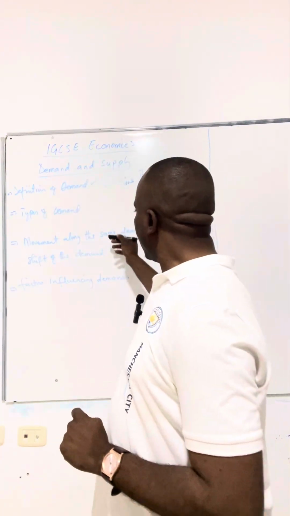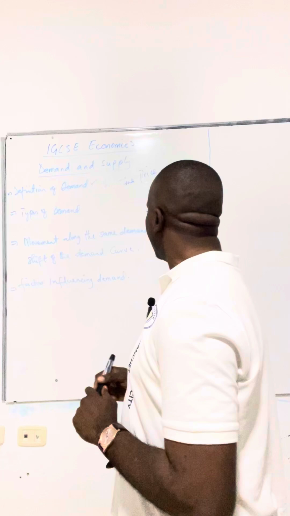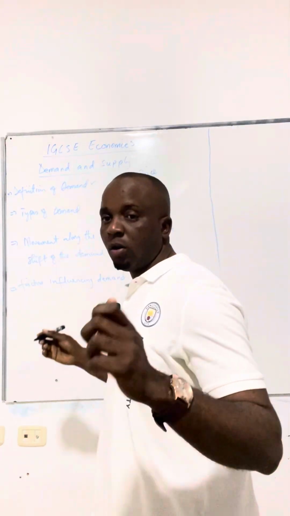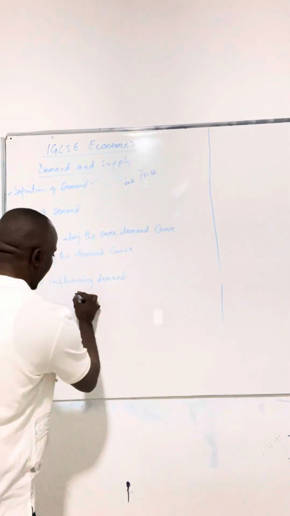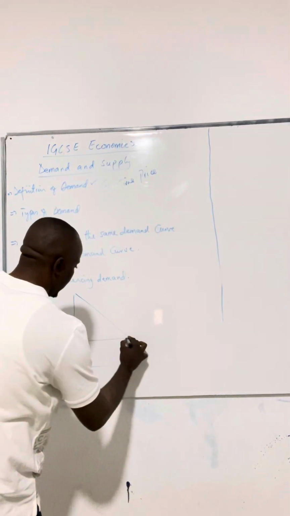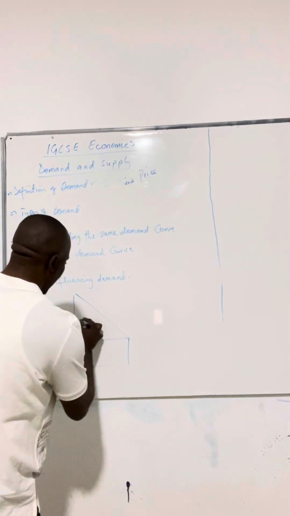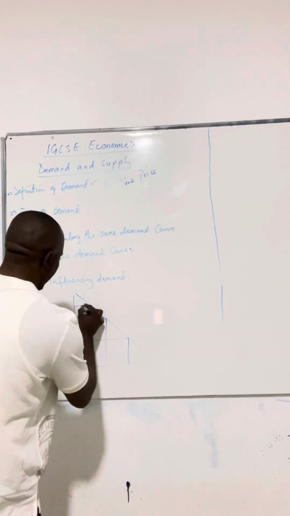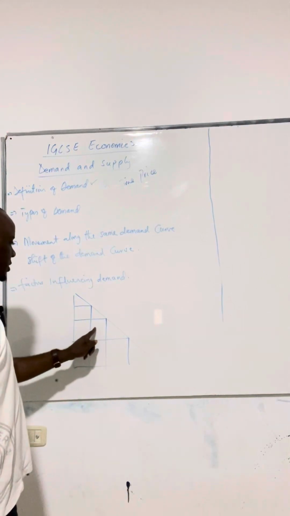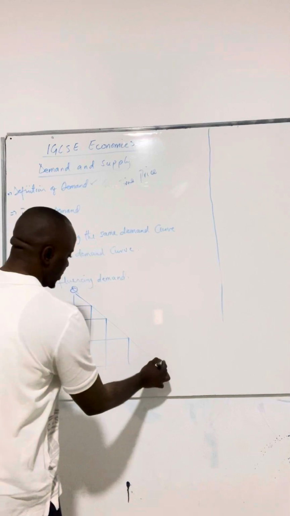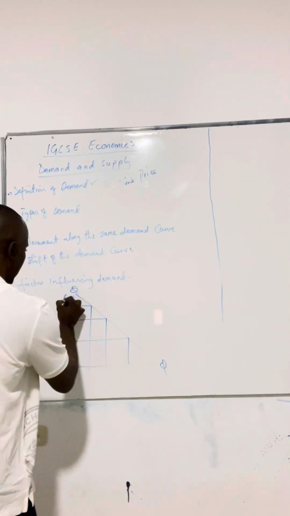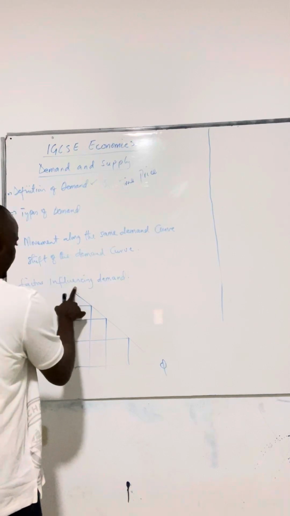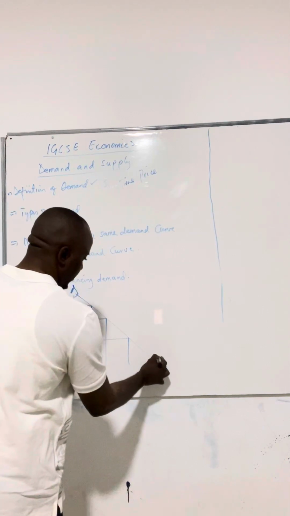Then we come to the expression of demand curve. There is what they call the movement along the same demand curve, which is what we say like this. It is a normal demand curve. As you can see, this is the movement along the same demand curve. This is quantity, and this is the price. So here is demand.